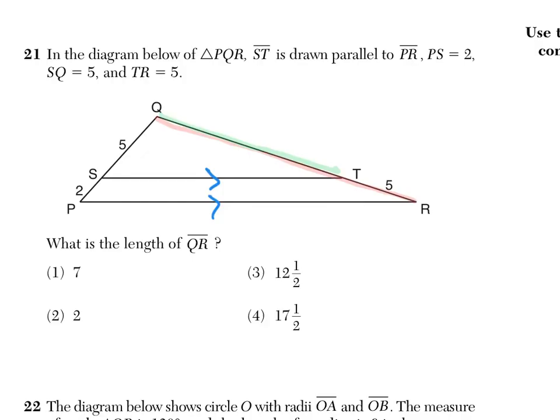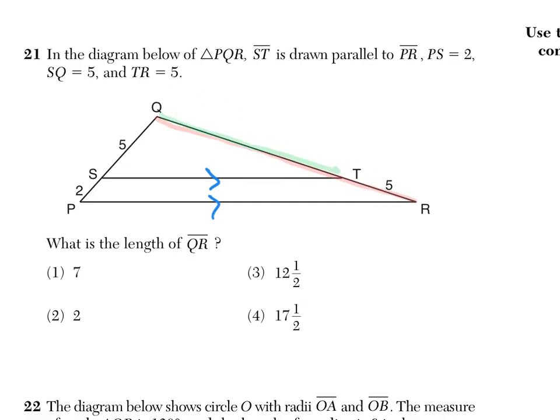Well, I know that if a line is parallel to a side of the triangle, which is what we have right here, and it intersects the other two sides, then it divides those sides into segments of proportional length. So let's set up that proportion. It's going to be QS over SP equals QT over TR.